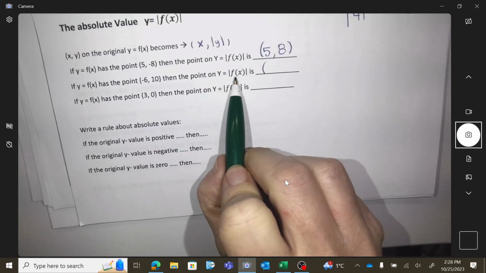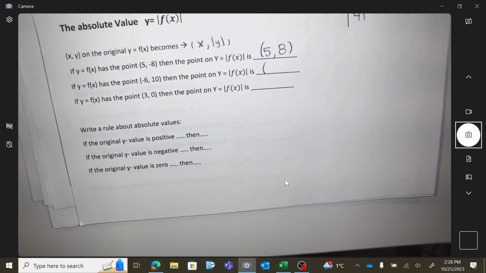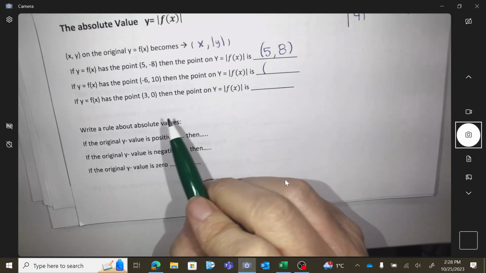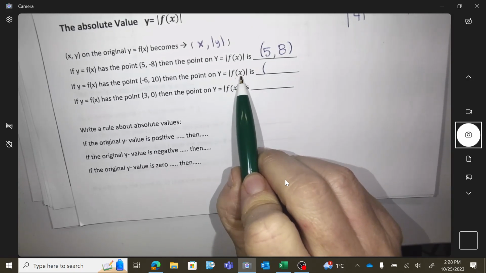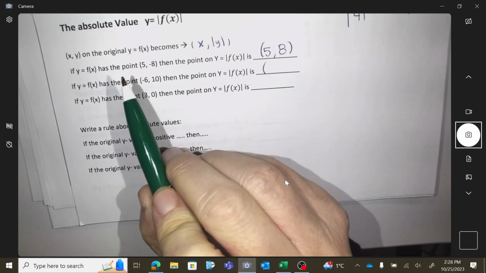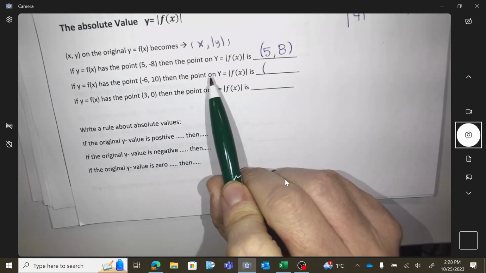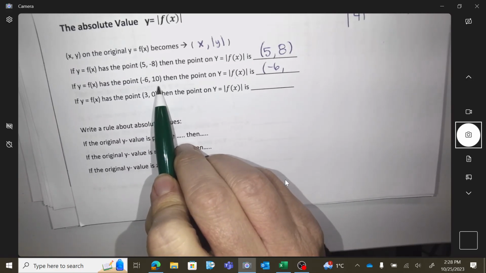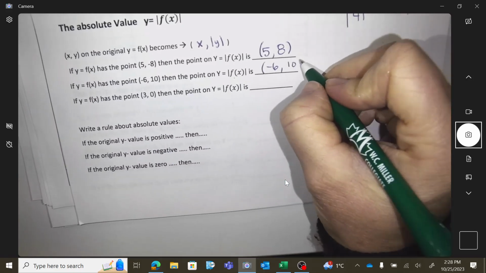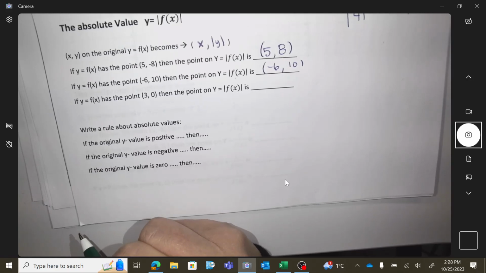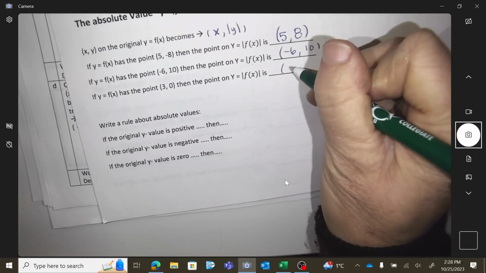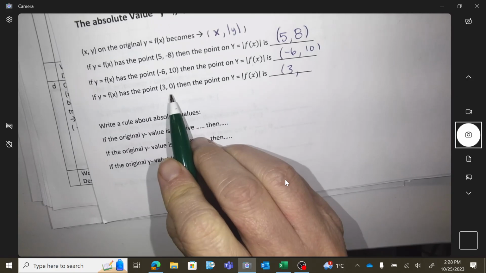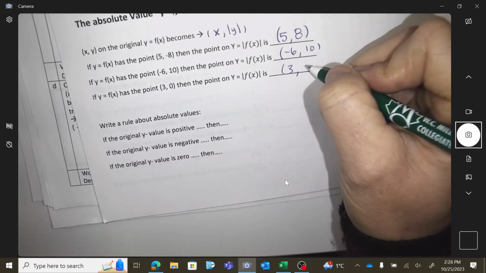When you absolute f of x, f of x is the same thing as a y. Y equals f of x, so that's the same thing. So nothing happens to x. What's the absolute value of 10? 10. And nothing happens to x, 3. What's the absolute value of 0? 0.